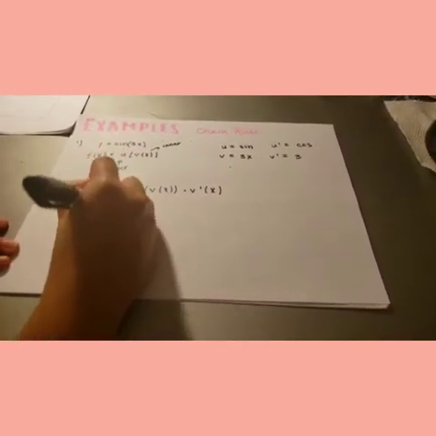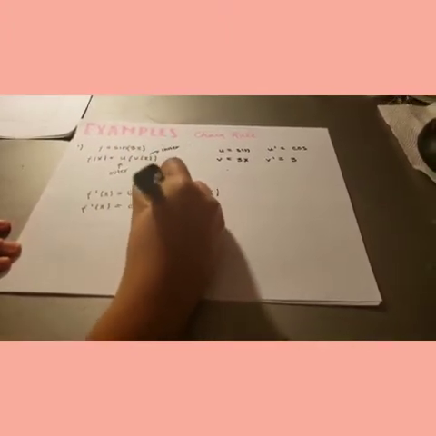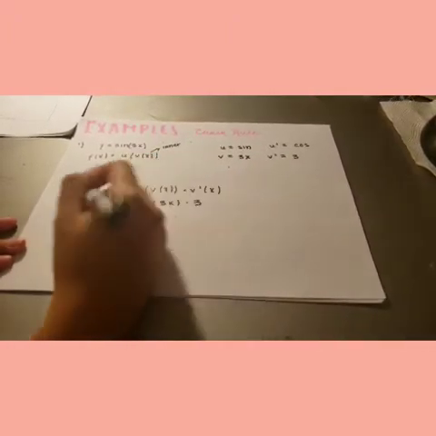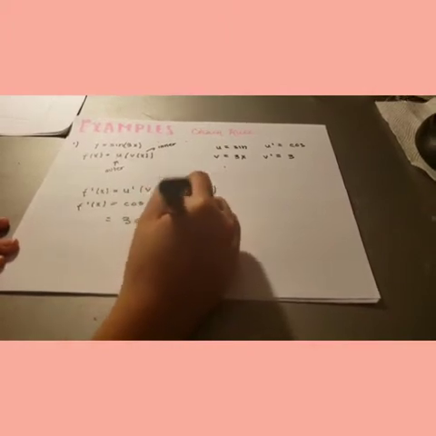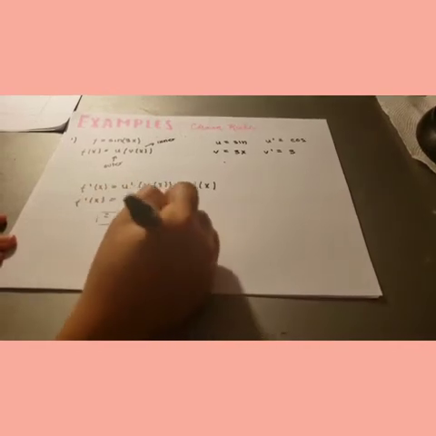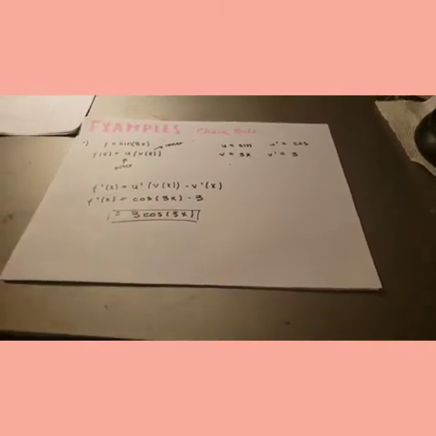So f prime of x is equal to cosine 3x times 3. So then this would just be 3 cosine 3x. And that's the derivative of y equals sine 3x.